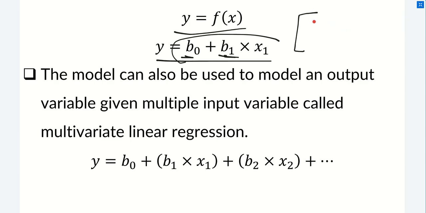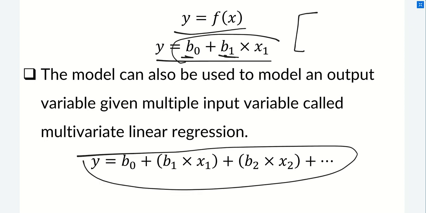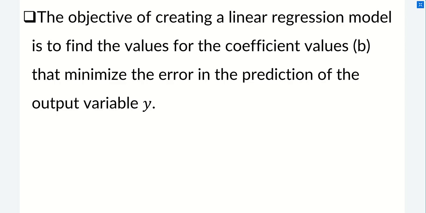One is the target, the other one is the variable. If you want to deal with multiple of them, this is what we do. You will see it next week in the lab.